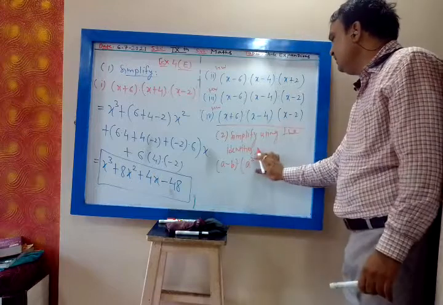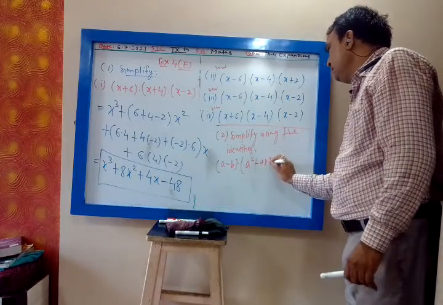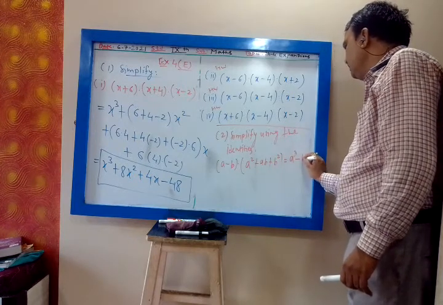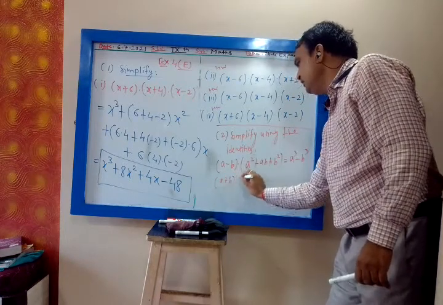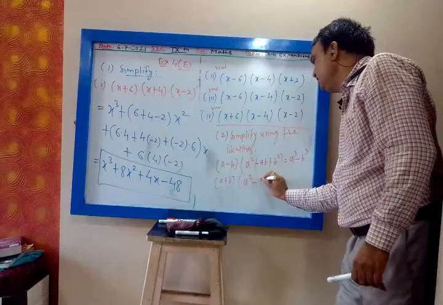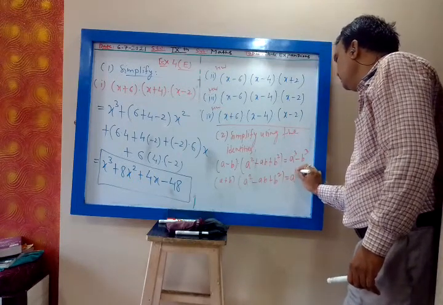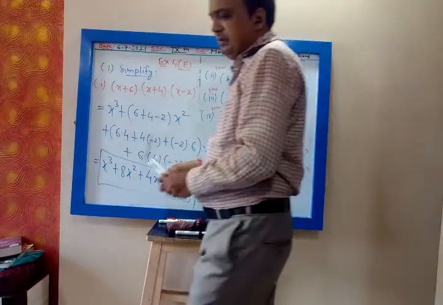Let me write separately. a minus b into a square plus ab plus b square is nothing but a cube minus b cube. Then a plus b into a square minus ab plus b square is nothing but a cube plus b cube. These two identities you have to use and simplify the following.